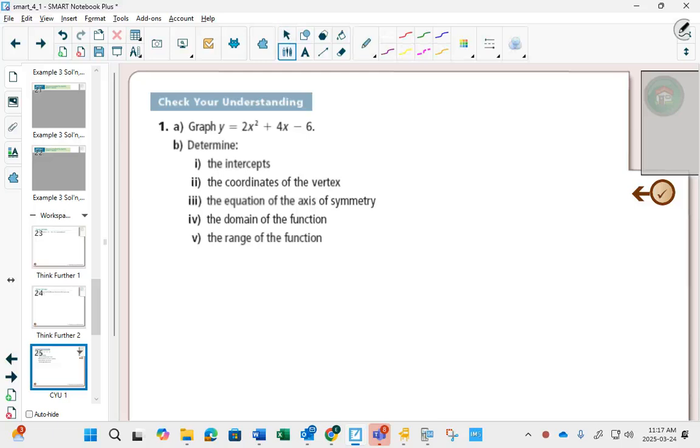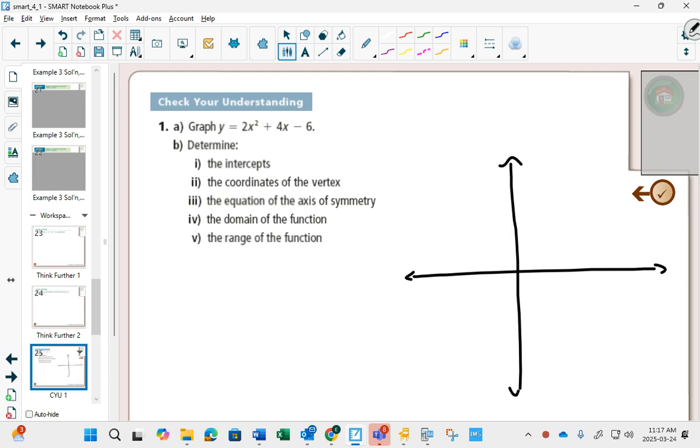And we're going to want to graph this. And we have no shortcut methods yet. They're coming. Okay? Right now, about the only thing we can do is we can make a table of values. And maybe that will help us graph it.